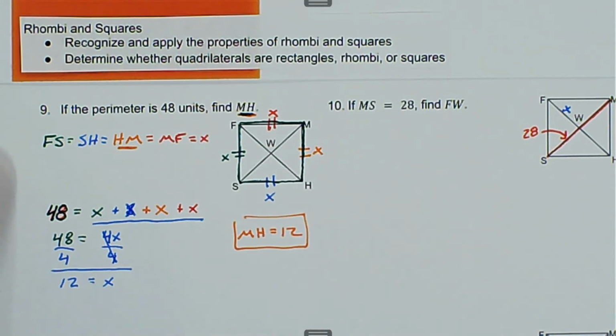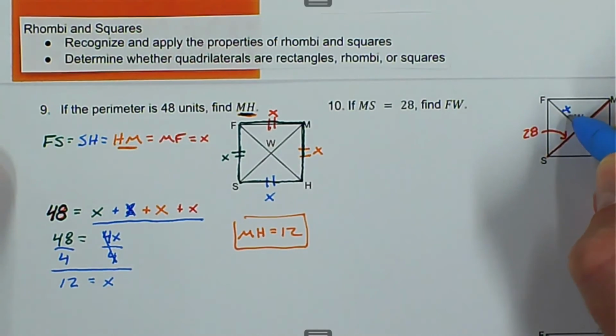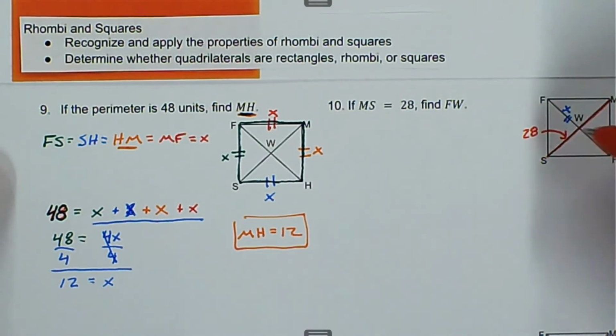In this case, all of our diagonals are perpendicular bisectors, and we know that all of the halves of the diagonal are congruent.